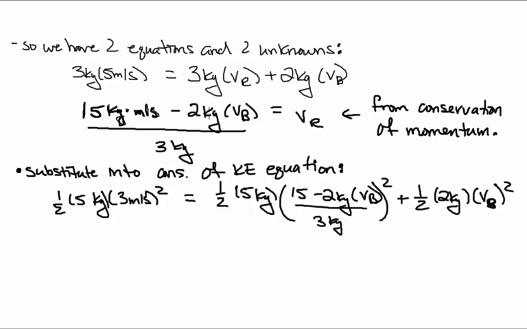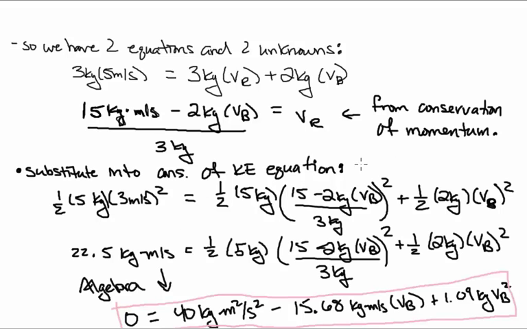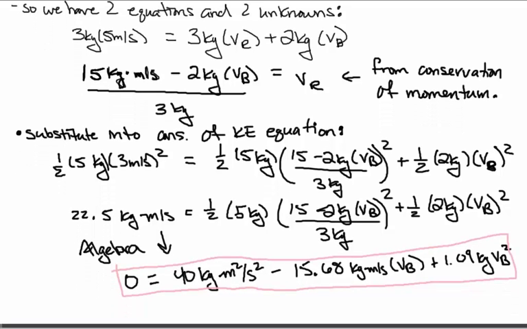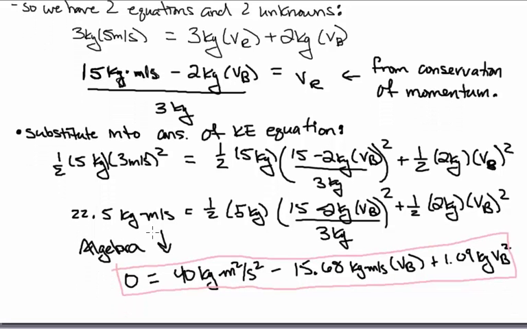This equation came from this, and you just square it, and I'll get that equation, which does look kind of gnarly, but you can simplify it with some algebra, and it simplifies to this equation, this pink box right here. So this is the equation that I want to solve for.